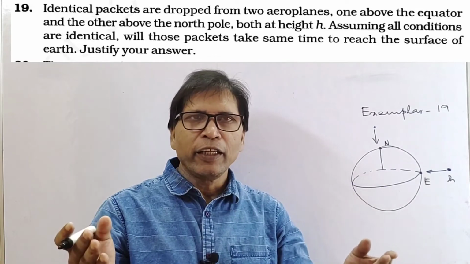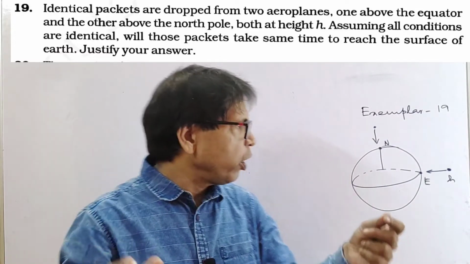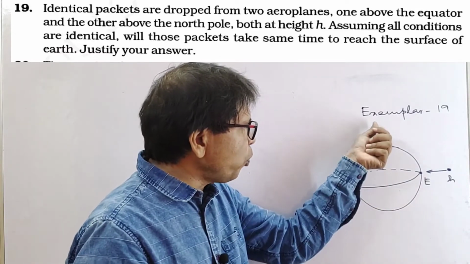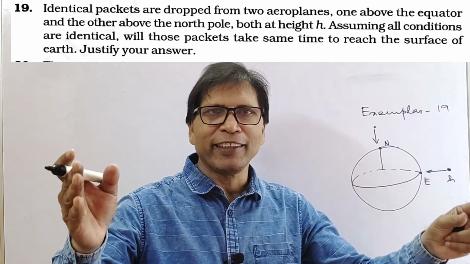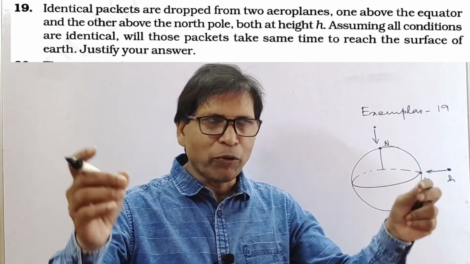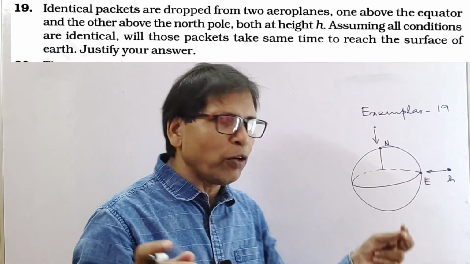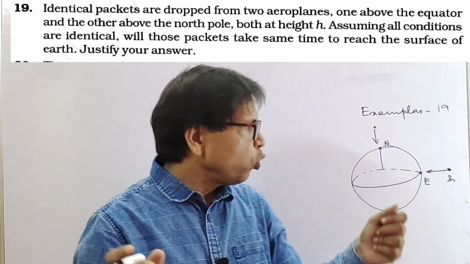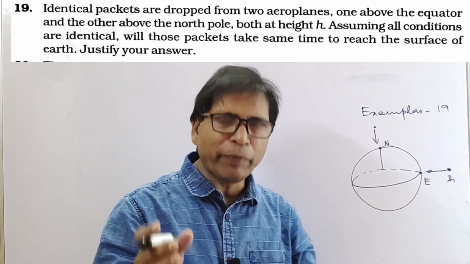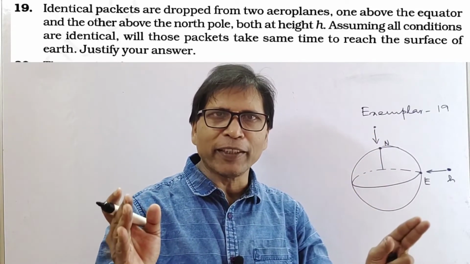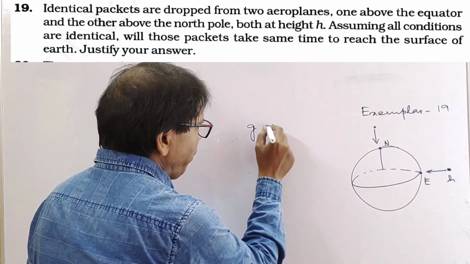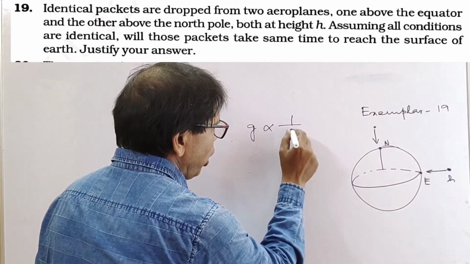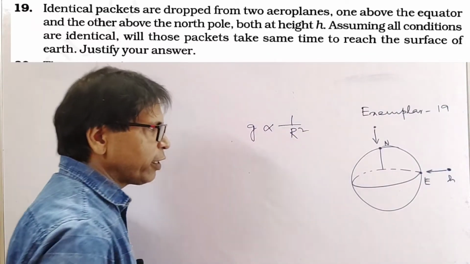Two packets are dropped from 2 aeroplanes, one above the North Pole and the other above the equator from the same height. We have to find out whether the 2 packets will take the same time to reach the Earth's surface. Look at this, we know acceleration due to gravity is inversely proportional to the square of the radius.